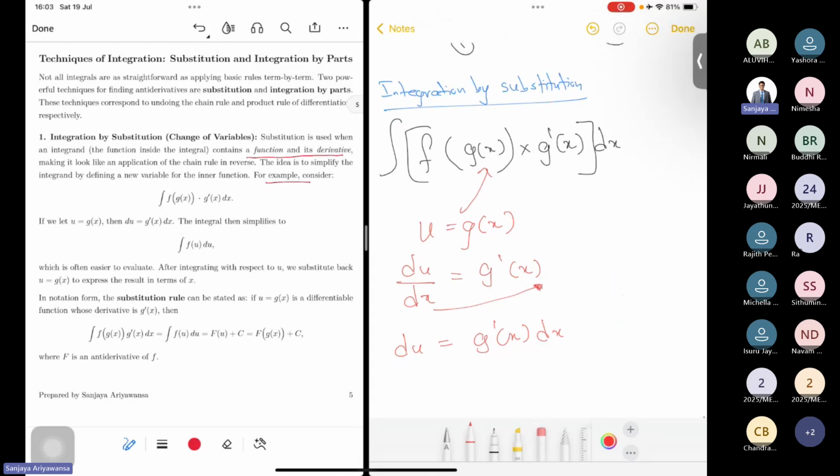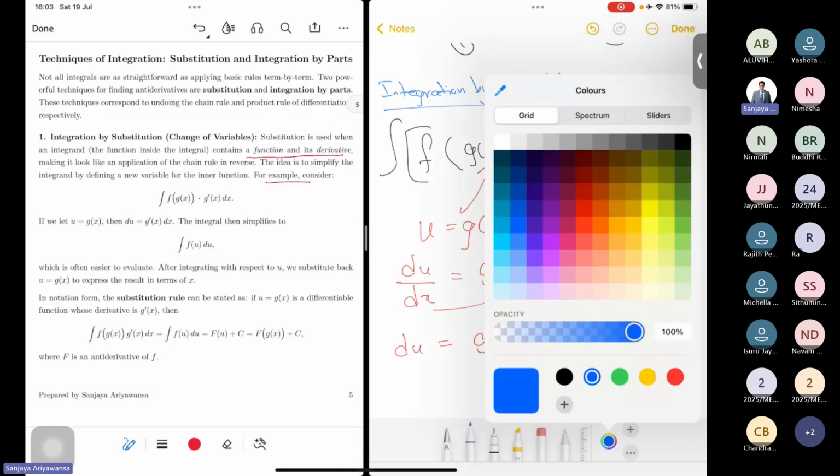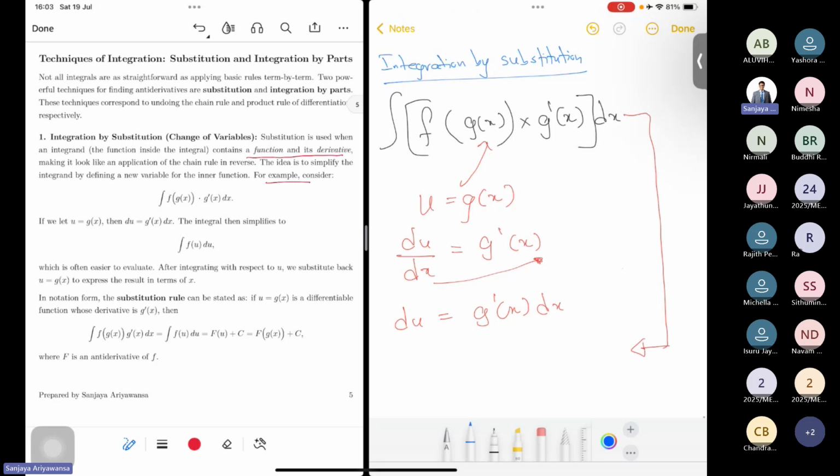And now you see you're changing this whole function into a function from x into a function of u. Why is that? Because now you write this as f of u times g prime x dx, you're going to put du, and you're going to integrate this, right?